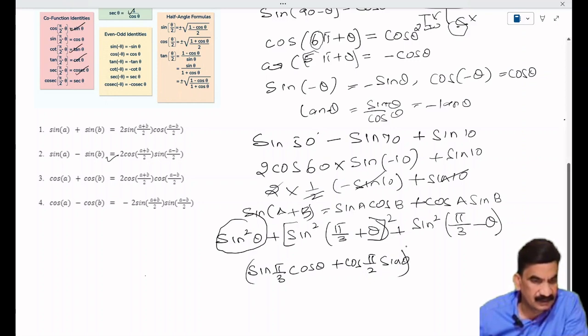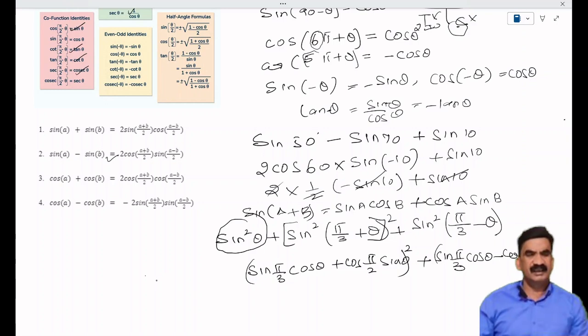All right. Plus, again, this will be sine pi by 3 cos theta minus cos pi by 3 sine theta. All right.